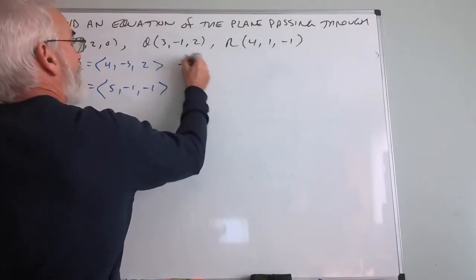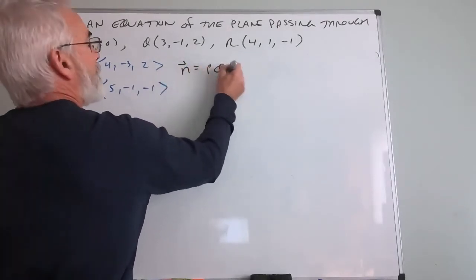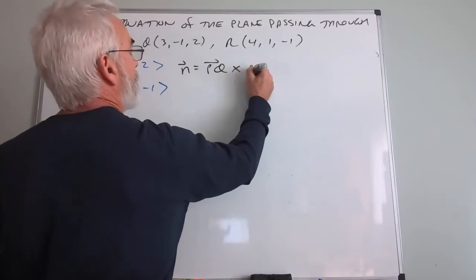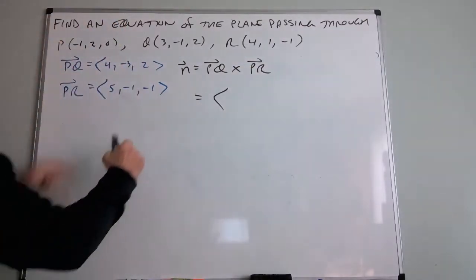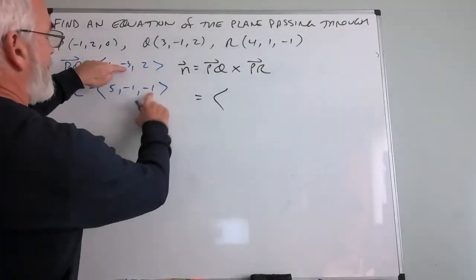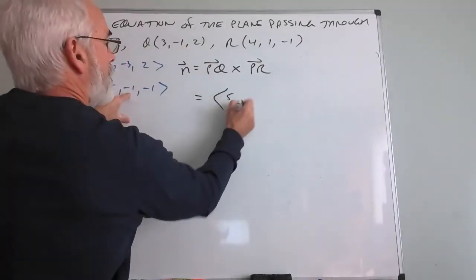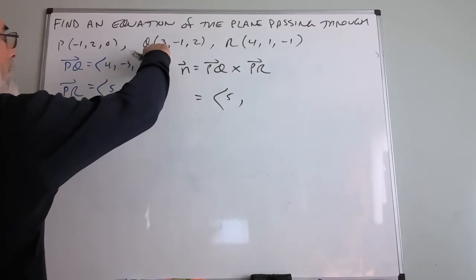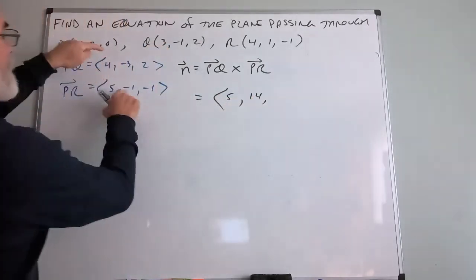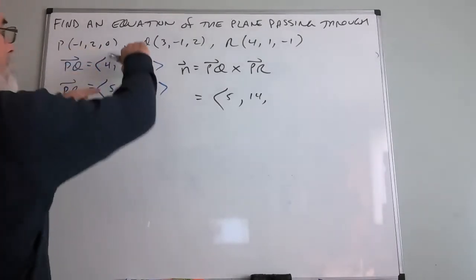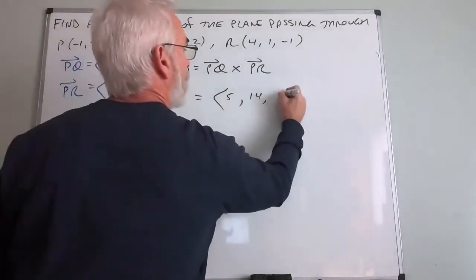So the normal vector, which will be PQ cross PR, okay, 3 minus -2, 10 minus -4, -4 minus -15.